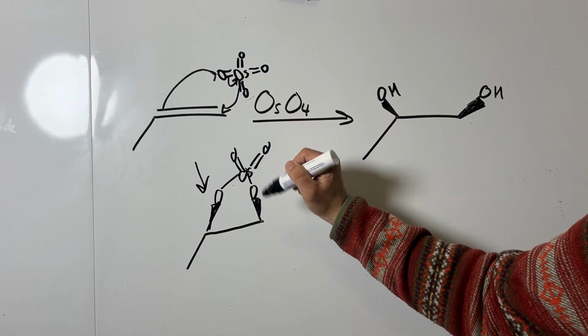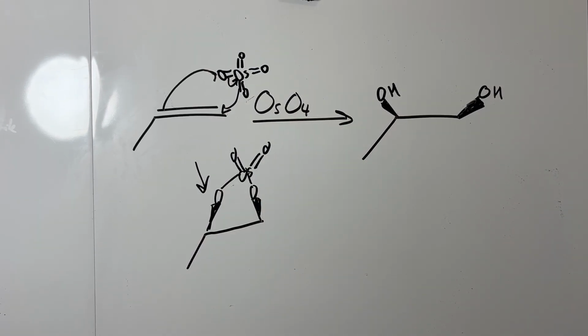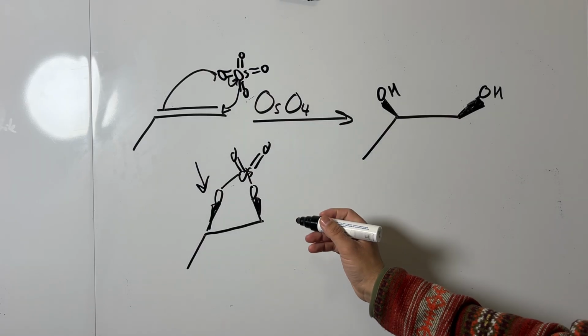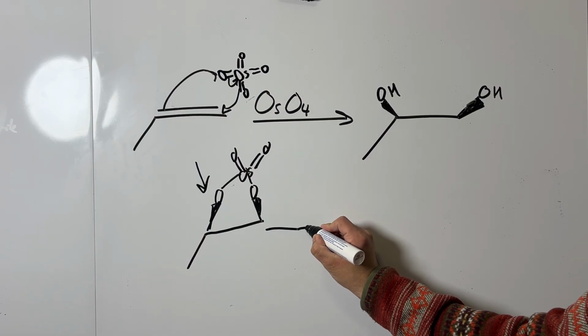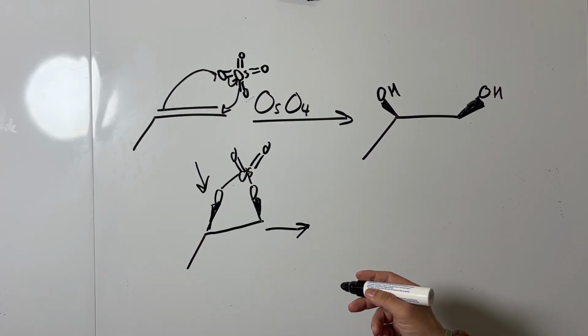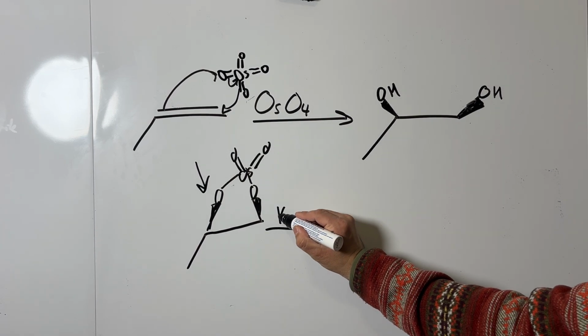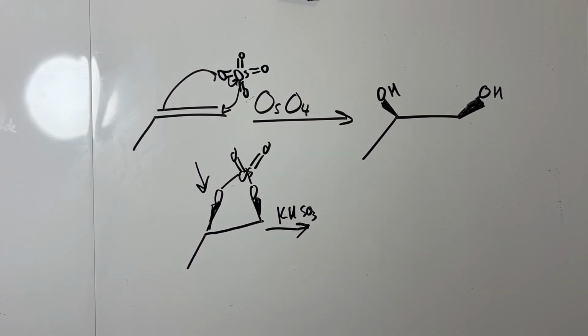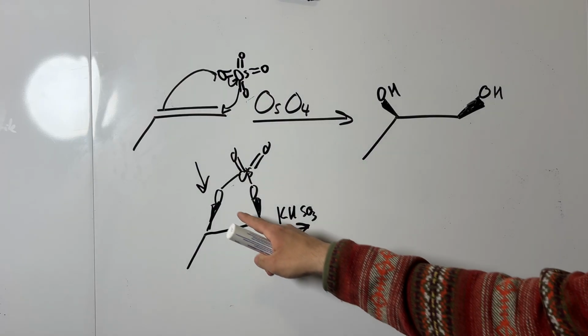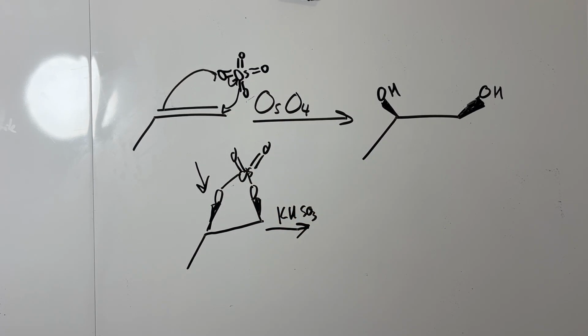This is generally focused on because we have that syn addition. The second step usually uses some sort of potassium or sodium bisulfate. Depending on your professor, you might have peroxide, or sometimes they'll just say water, because you're going to add water to kick off this osmate ester.